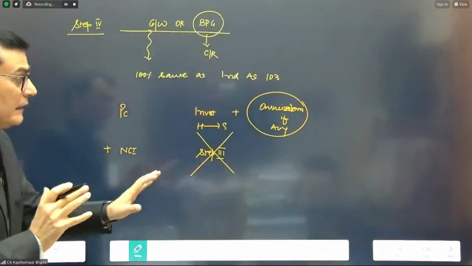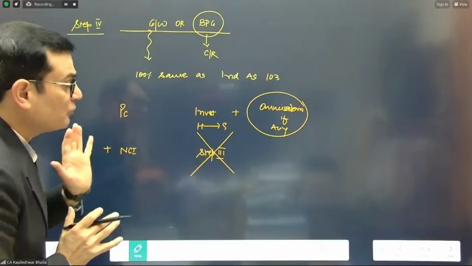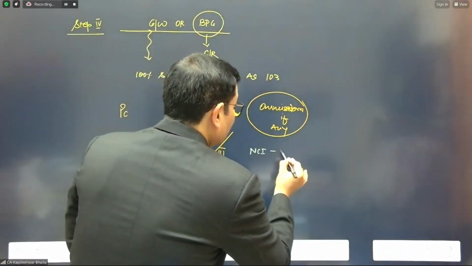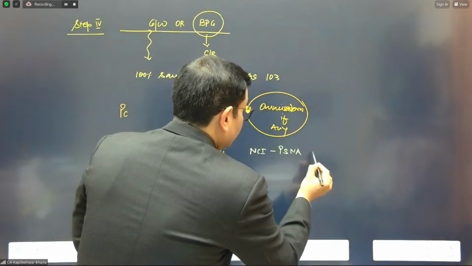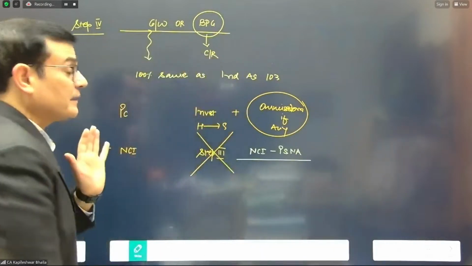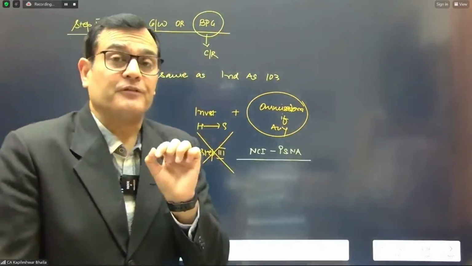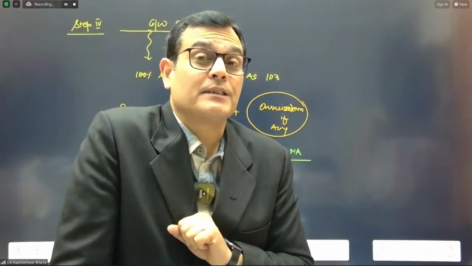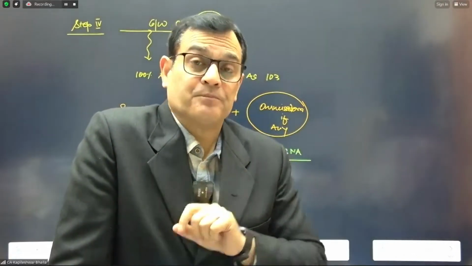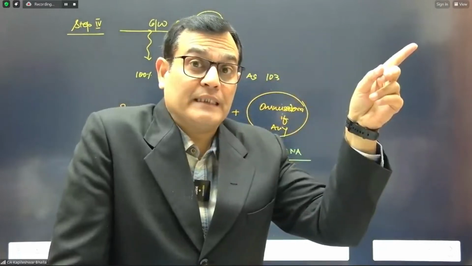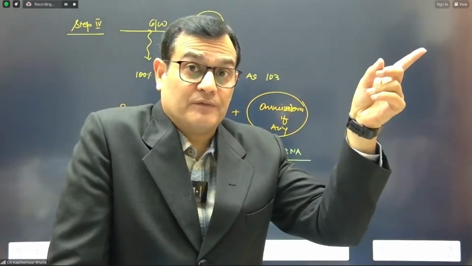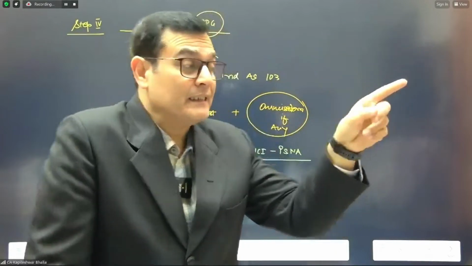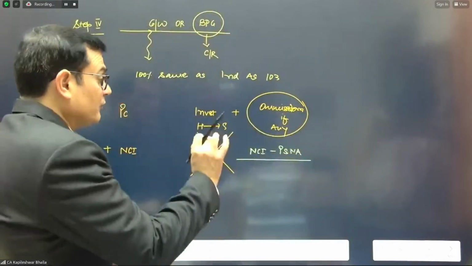But in this case, it'll be dangerous to pick this from step number 3, especially if your NCI is at PASNA, because now I need the net assets before dividends. For NCI, I took the net assets after dividends, because I needed the information on the balance sheet date. In this case, I need it on the acquisition date.